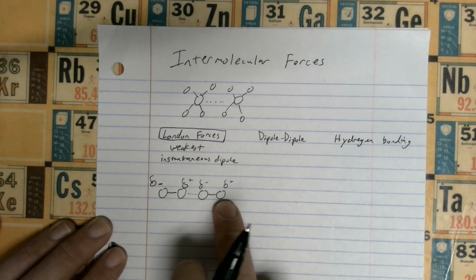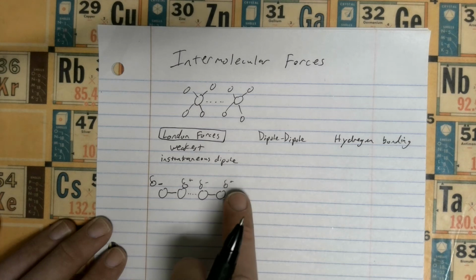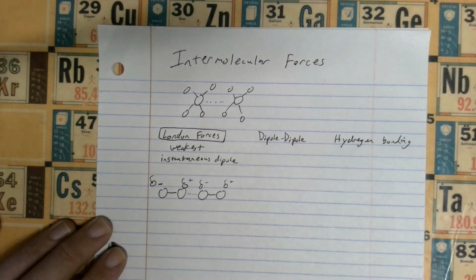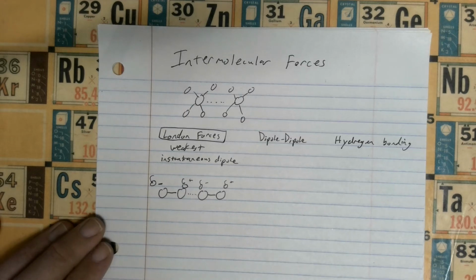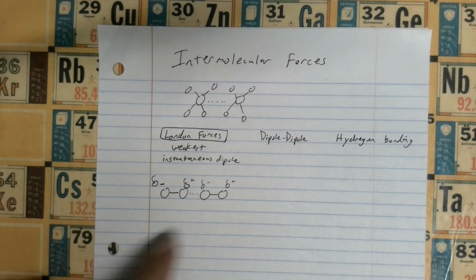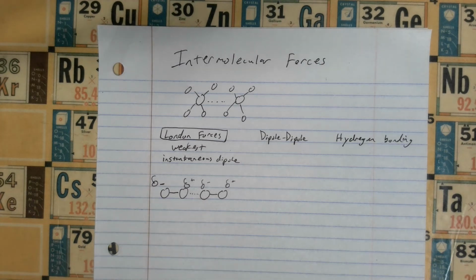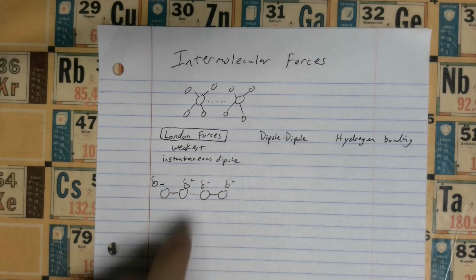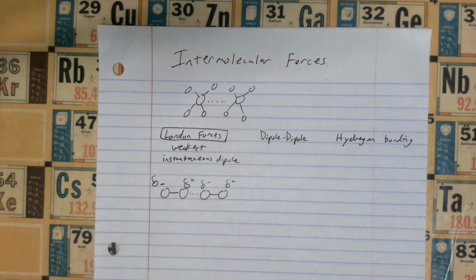If there's another molecule next to this one, the same thing would happen, like a chain reaction. This dispersion force is very weak, does not last very long, and eventually goes away, but there is still a little bit of force there.